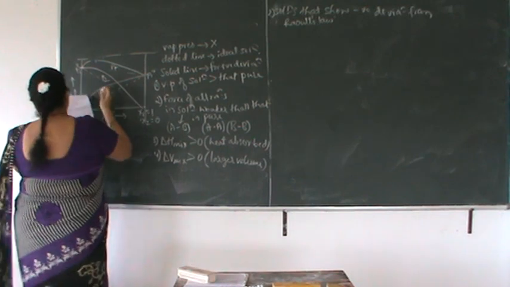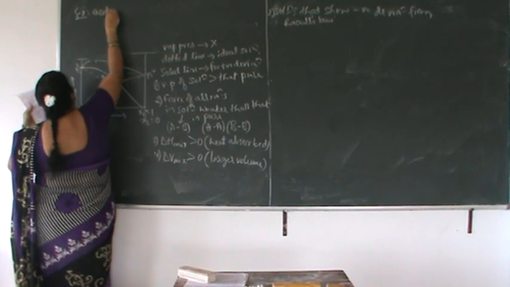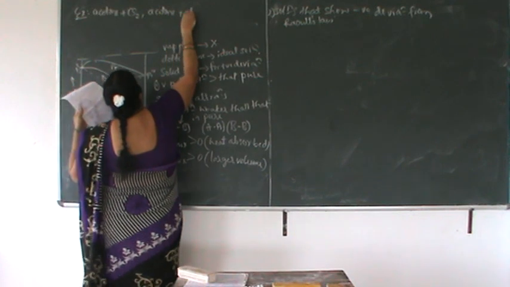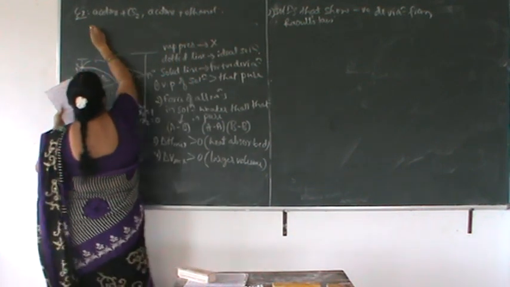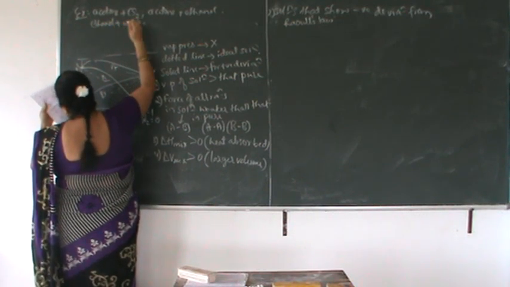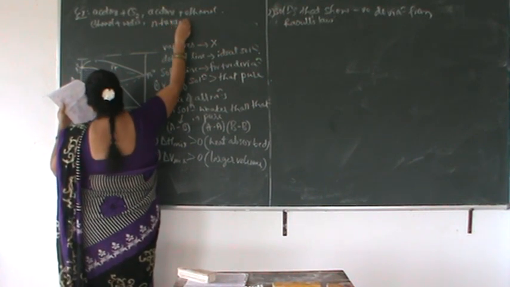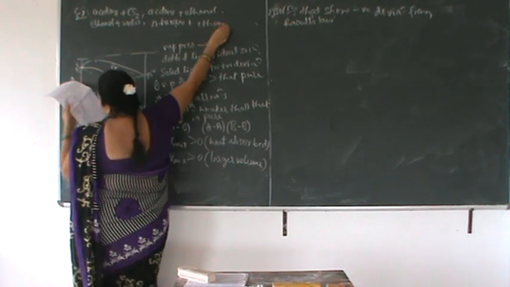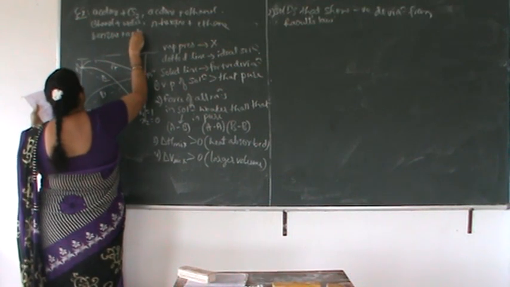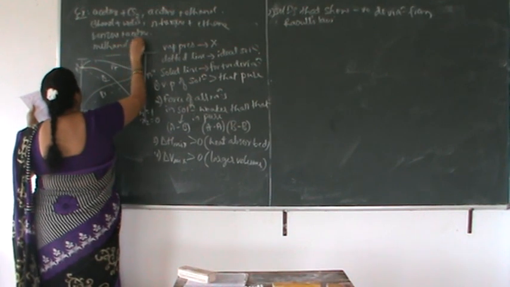In the examples of positive deviation, first is acetone and CS2, second is acetone and ethanol, third is ethanol plus water, fourth is n-hexane plus ethanol, fifth is benzene and acetone, and methanol and chloroform.